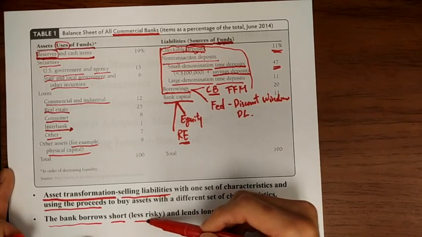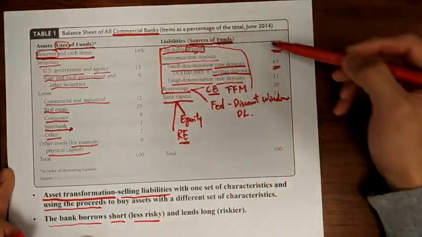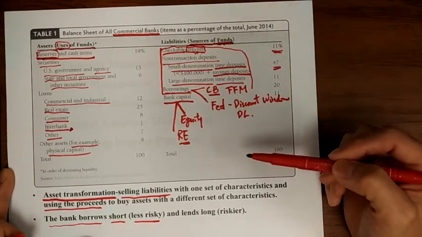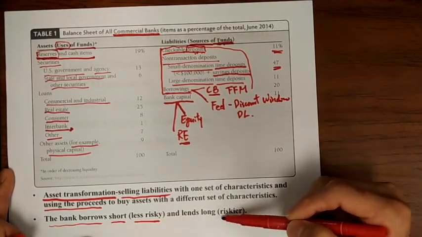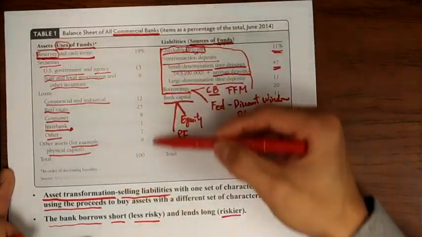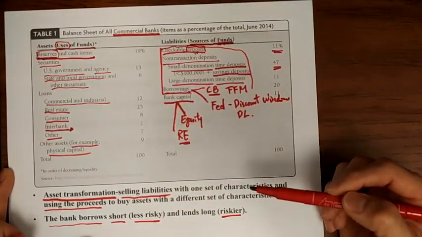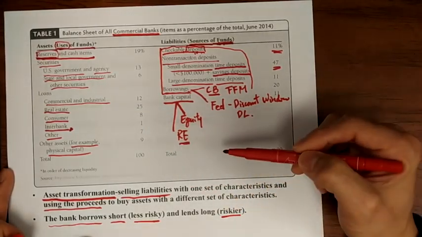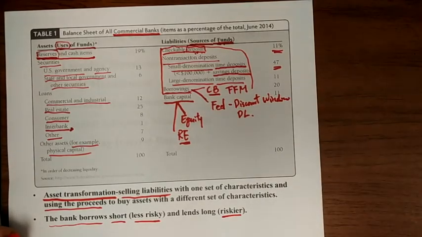They also issue less risky liabilities so that they pay less interest rate. And they use the money to buy riskier assets so that they can earn a higher risk premium, higher return. That's exactly how commercial banks earn money. That's how they operate.